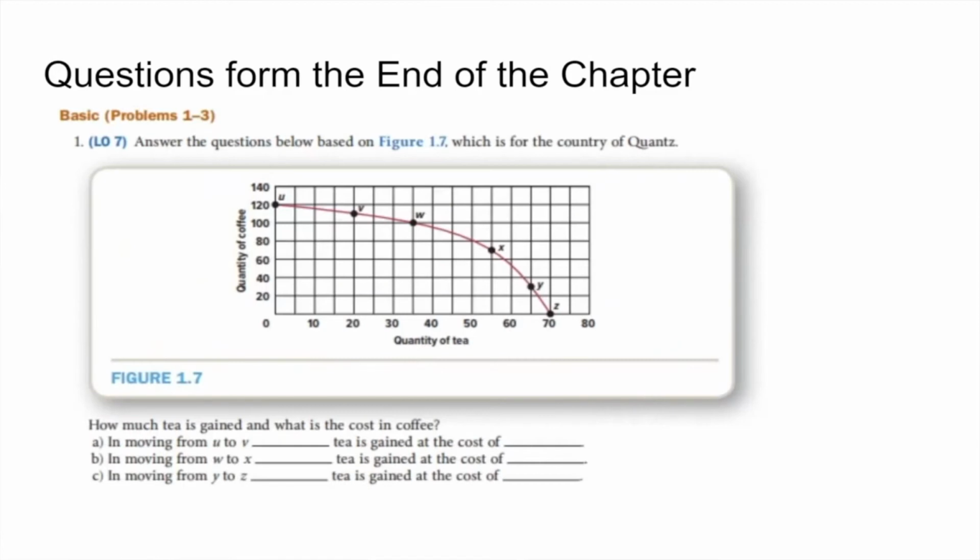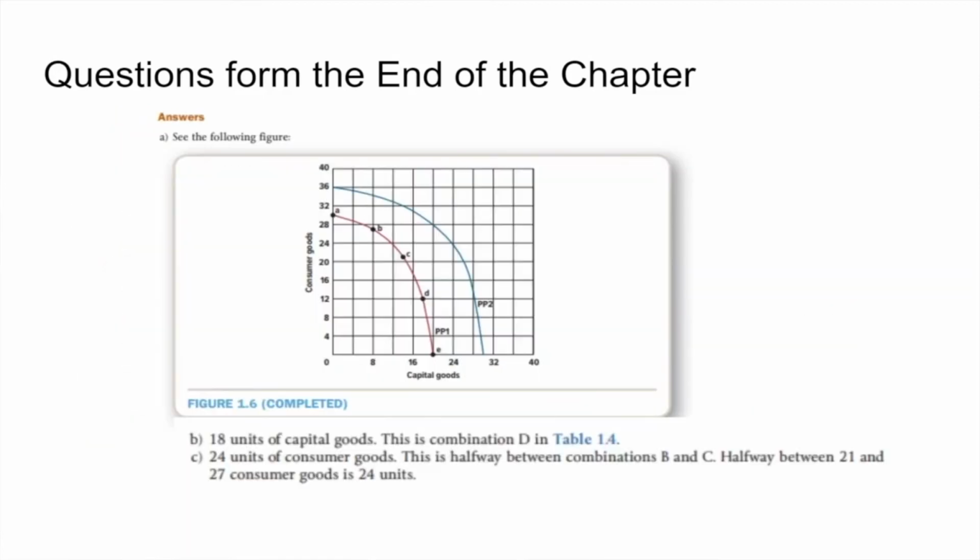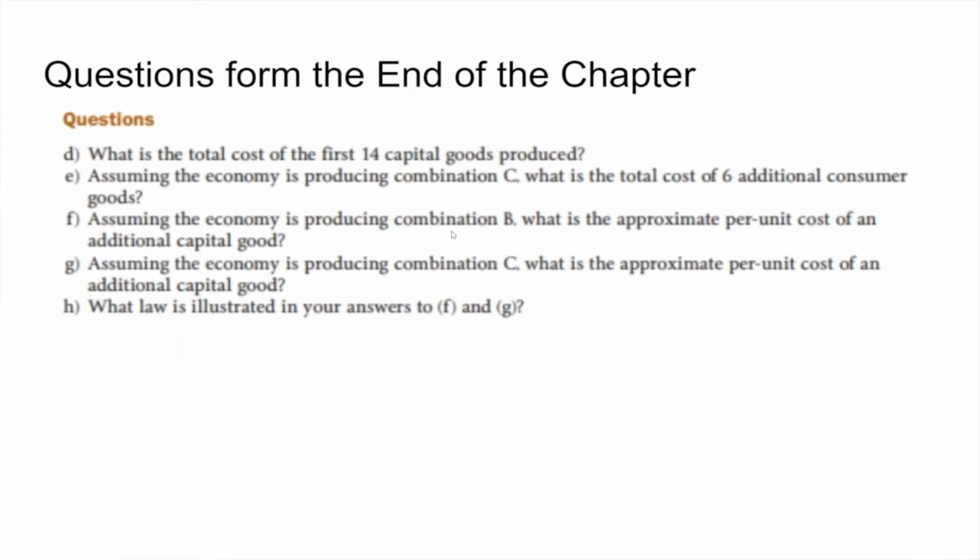And if we look at the chart, I don't mean to jump around too fast on you here. I'm going back to the chart. If we look at the revised chart, and if we've got it drawn on a nice sheet of graph paper and it's relatively well presented, we ask ourselves, can we make that combination? Well, the combination is 24 capital and 26 consumer, and the point will be right here.